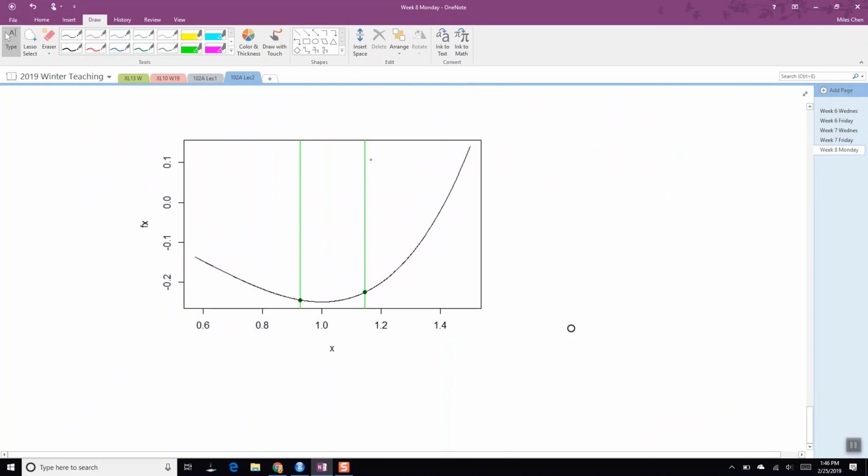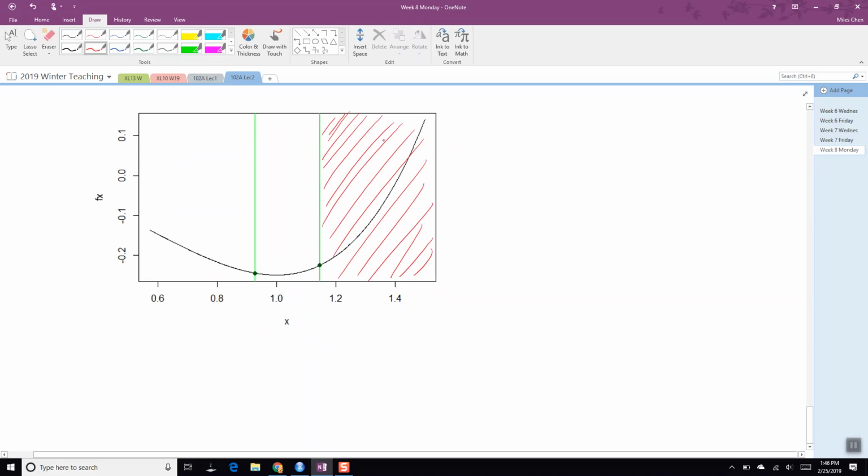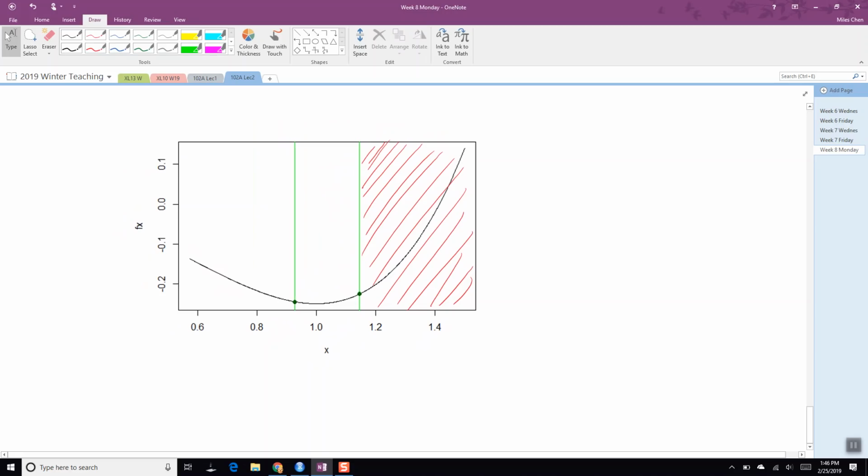And again, we can eliminate this part. We know that the local min is not going to be over here because, if this is x1 and this is x2, f of x1 is greater than f of x2. The local min cannot be greater than x1, so we eliminate that, and then we repeat the process.